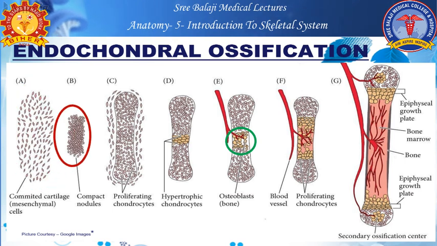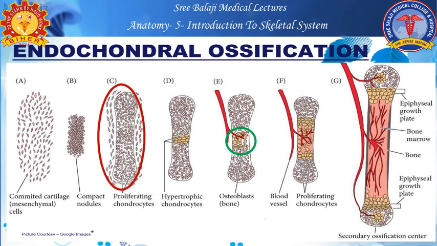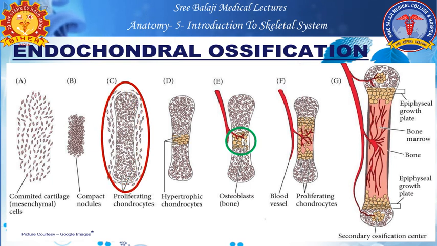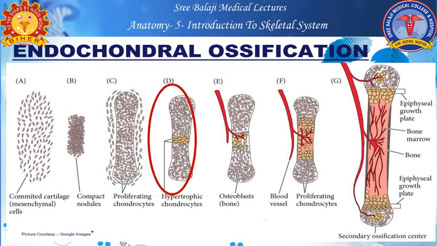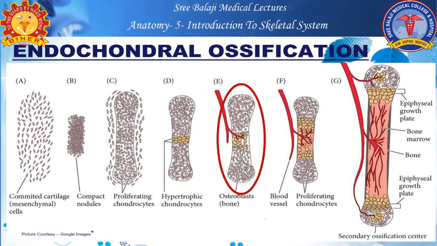These mesenchymal cells become compact. Slowly, cartilage starts getting deposited. This becomes a cartilage model. In this cartilage, at one point, calcium starts depositing and the osteocytes start getting deposited and bone starts getting formed.